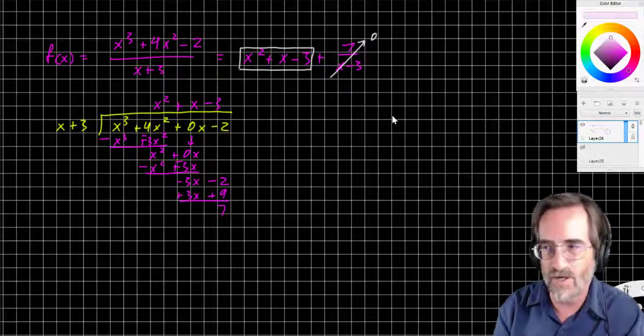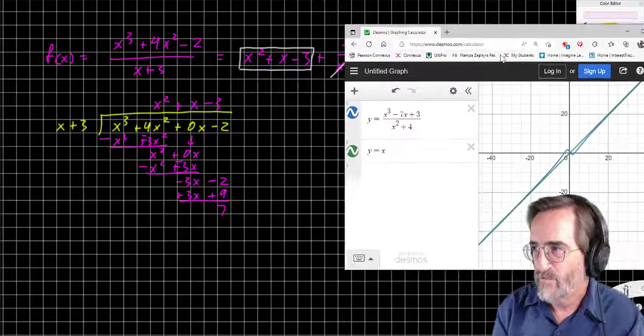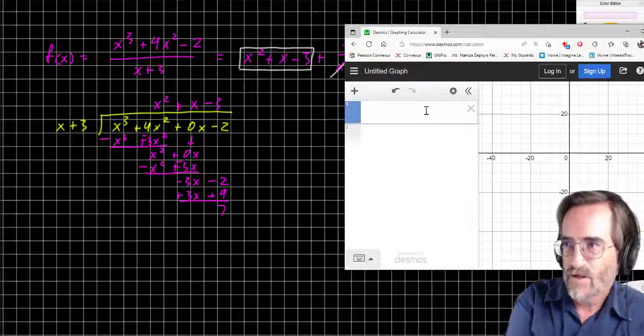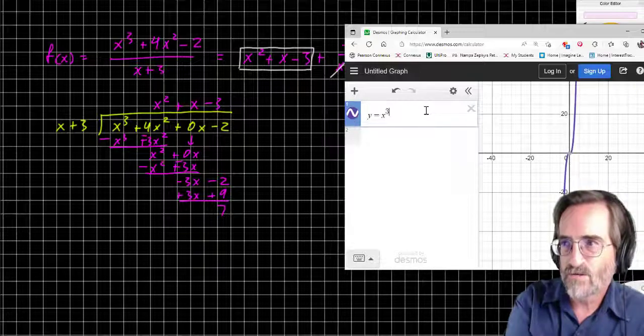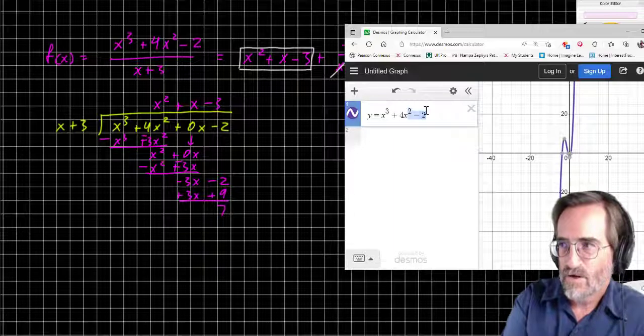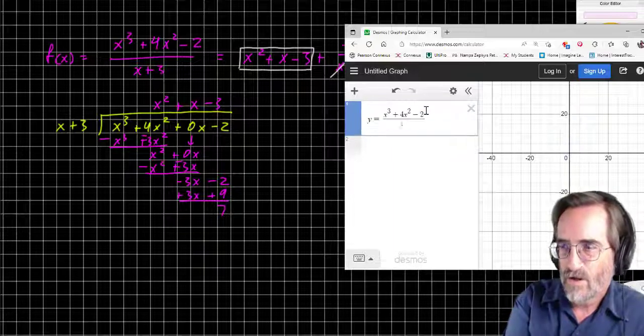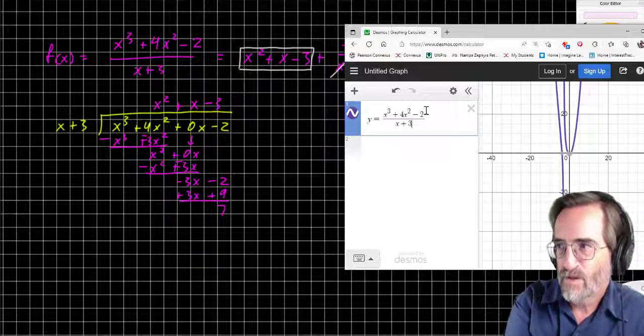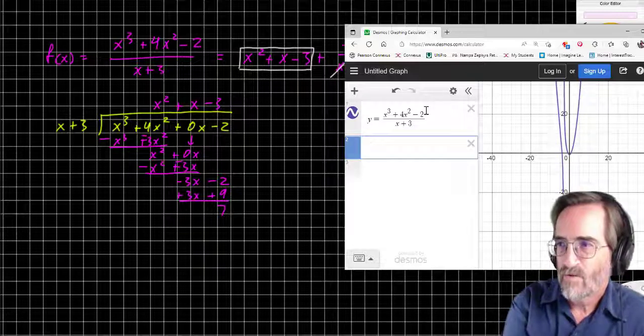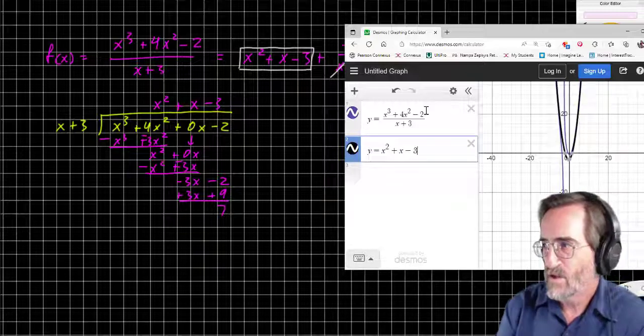Let's demonstrate it here. All right. Let's graph the original function, y equals x cubed plus 4x squared minus 2 all over x plus 3. And let's graph y equals x squared plus x minus 3.